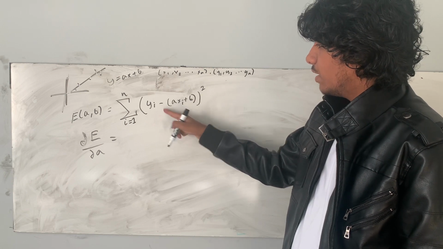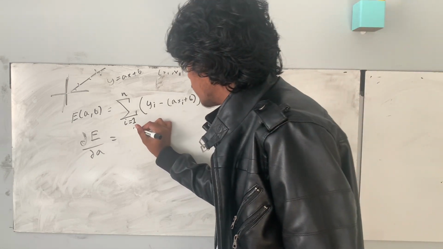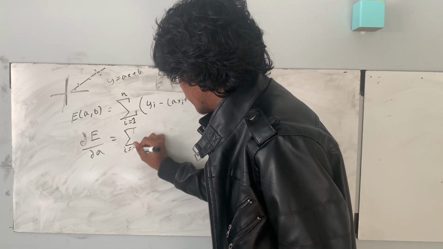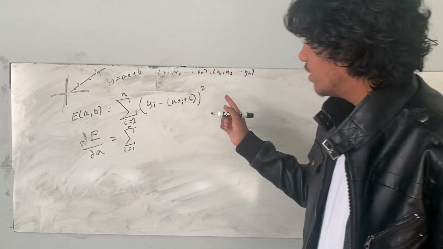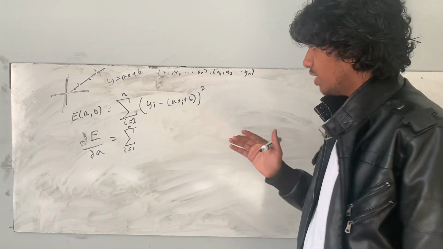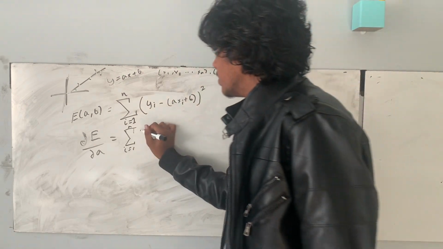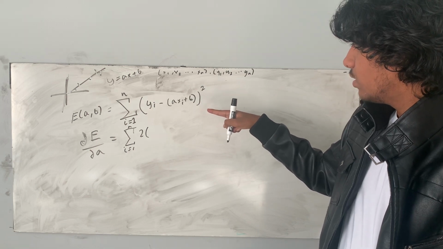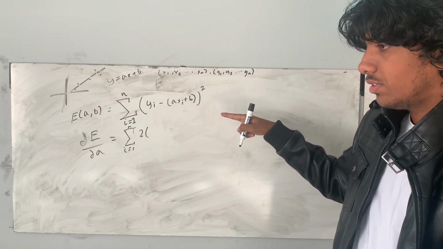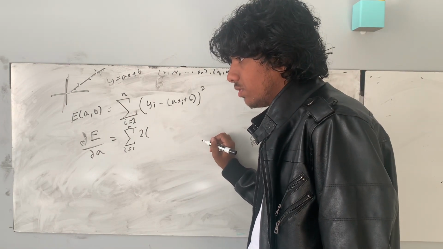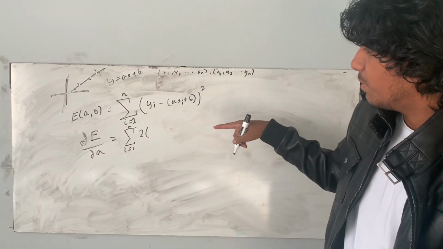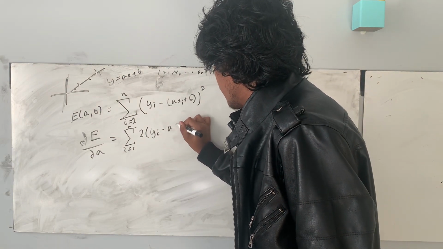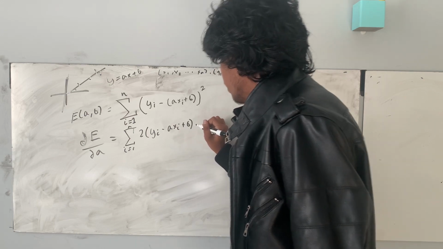So let's do this. Chain rule first. The sum stays, because it's just a sum, we're just doing each term individually. 2, because it's chain rule, times the derivative of that, so we have yi minus axi plus b, because it's chain rule, right?